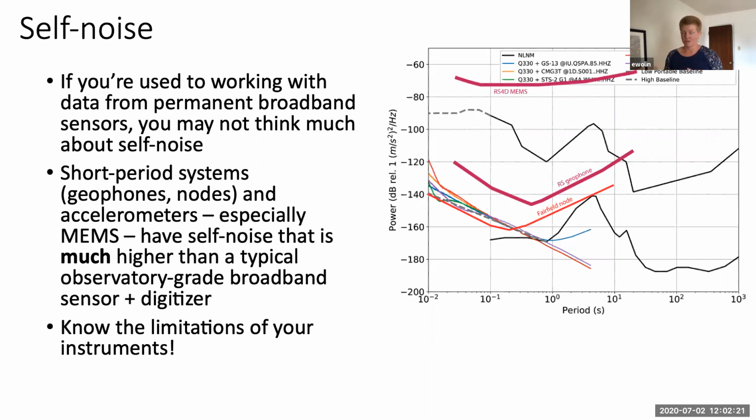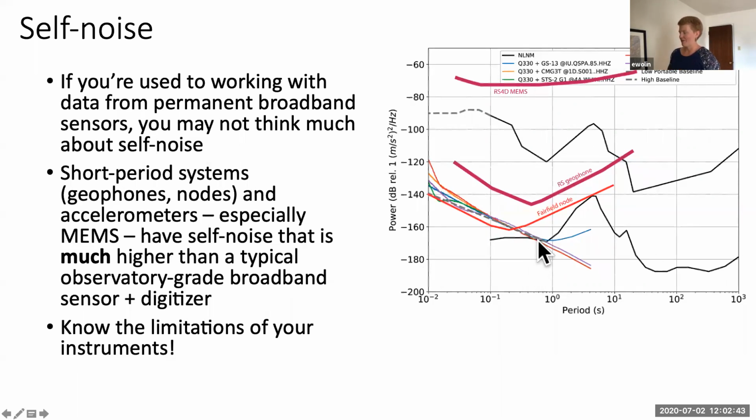Or if you are trying to use accelerometers, especially MEMS accelerometers, these kinds of instruments have self-noise that is much higher than you may be used to working with if your instincts are developed for observatory grade broadband instrumentation.